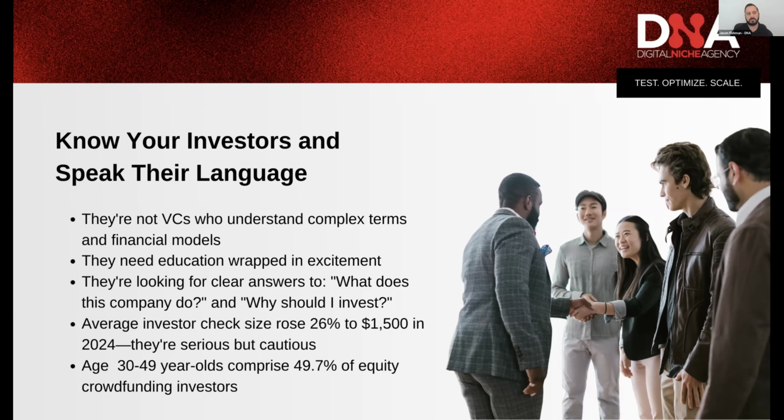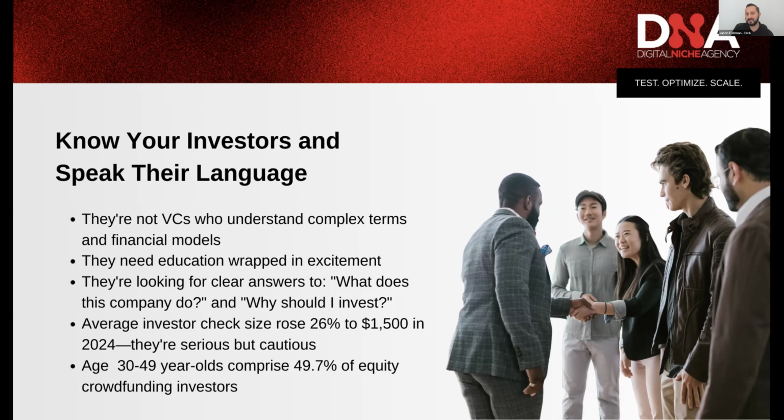So you picture 100,000 people in a stadium and they're all very different. 24 million? Radically different. So, how do you break down those audience personas and how you're speaking to them? They need education wrapped in excitement.